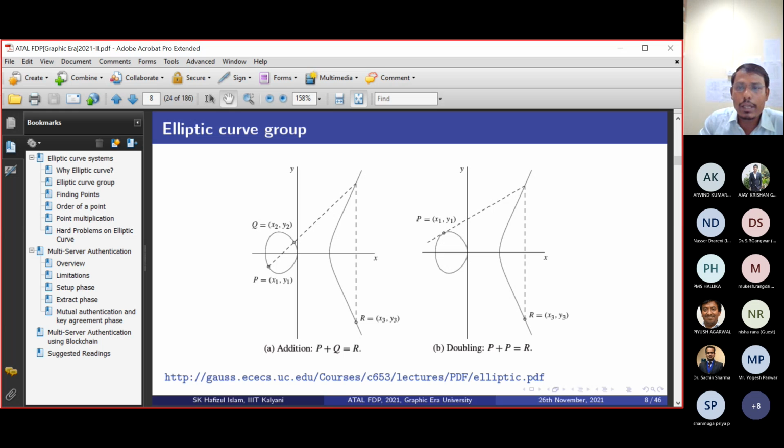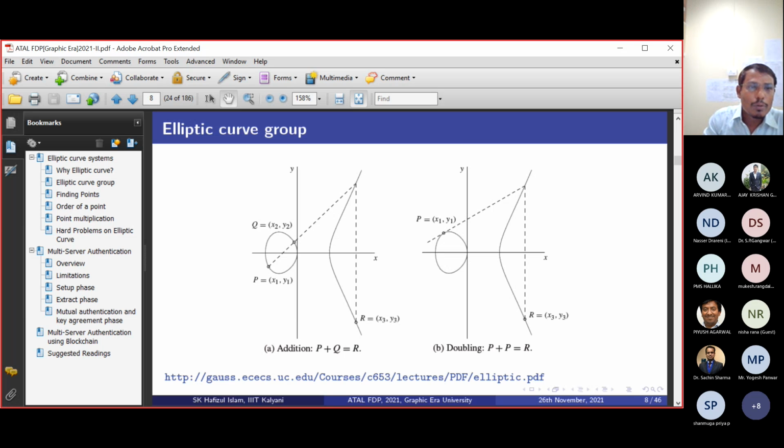So y3 is equal to minus of y3 prime. First we'll define this point, and from here if we get y3 prime, then of course we can easily calculate y3 equal to minus of it.